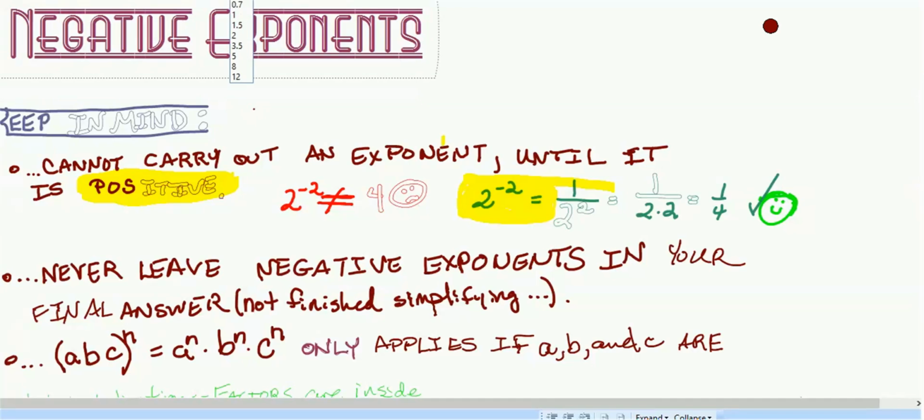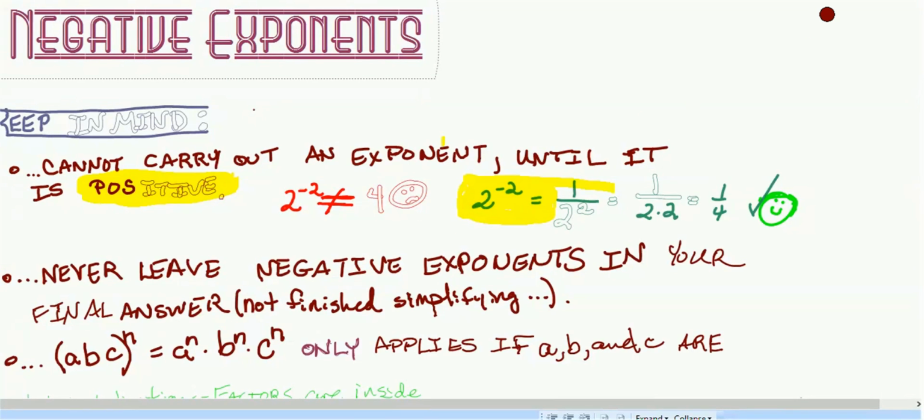You can go over 1. Then you write it 1 over 2 to the positive 2. So it goes to the denominator in order for the exponent to be positive. Then you can carry it out. Once that exponent is positive, go for it.